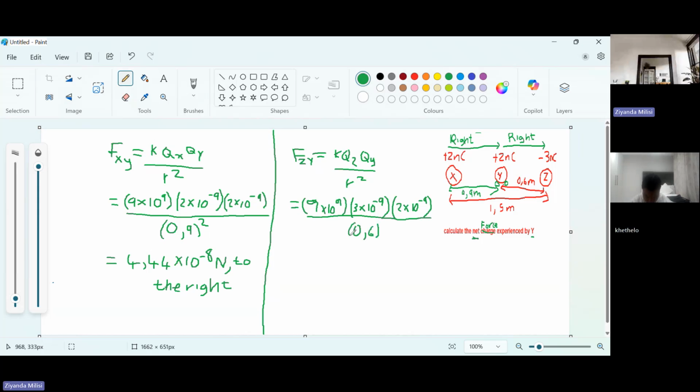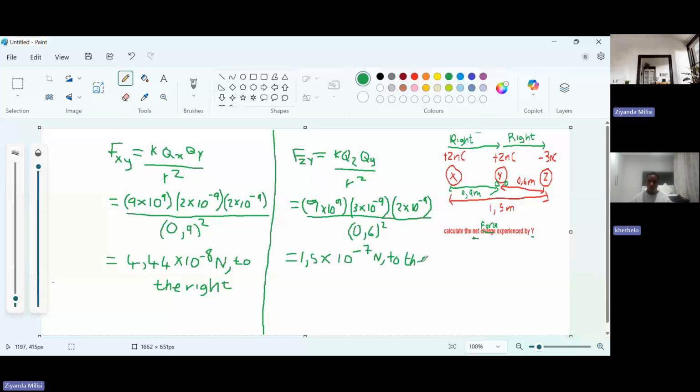Don't forget your squared when you are calculating. So about 1.5 times 10 to the power of negative 7 newtons. In which direction? To the right. Perfect. But you are not done.